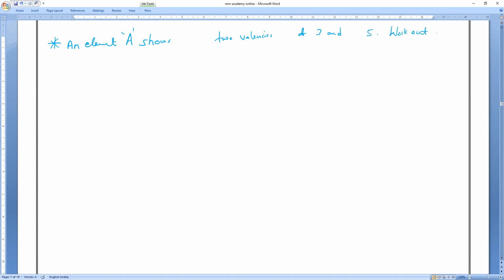Work out the formula of two oxides of this element. That's the question. So let me see who will answer first. Everybody try.